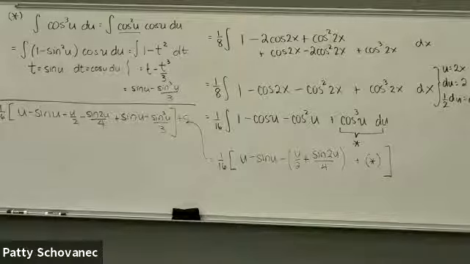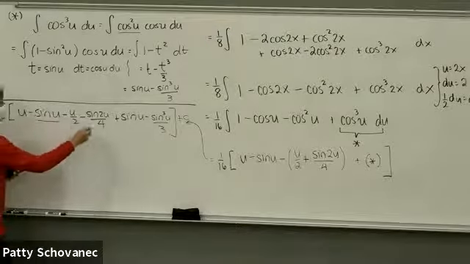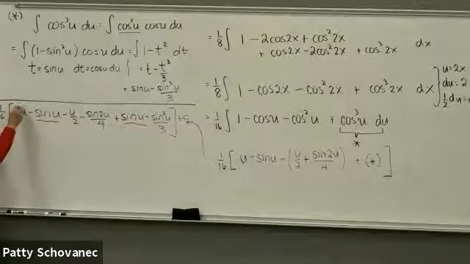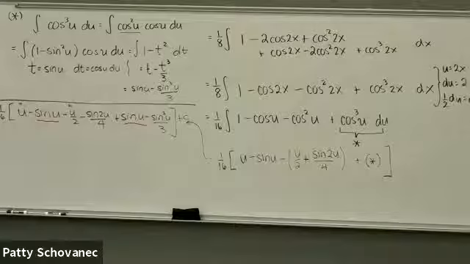There is some simplifying we can do. This sine of u cancels out with that one. And I can combine this u minus u/2 and get a positive u/2. So let's do that. And at the same time, each u was 2x.